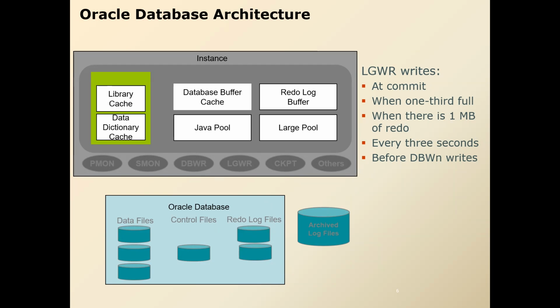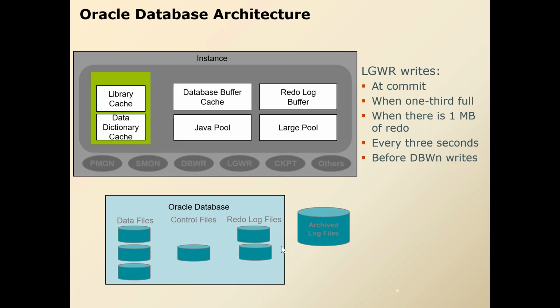Okay. Now, what is the whole purpose? Why are we writing this data two times? What is the whole purpose of writing this data into two places, first the data file and second the redo log file?